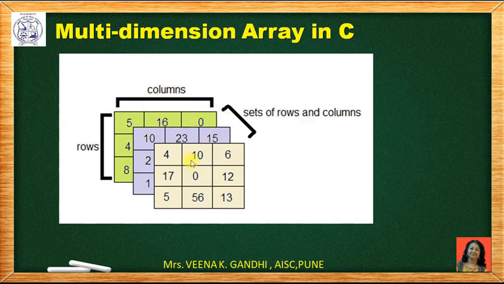So here you can see the first dimension indicates sets of rows and columns. So here are 3 sets of rows and columns. Then how many rows? There are 3 rows. How many columns? There are 3 columns. So this is a 3 by 3 by 3 3-dimension array, which indicates 3 sets of 2-dimension arrays.